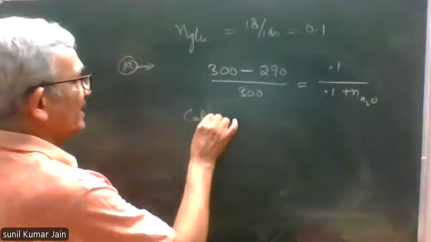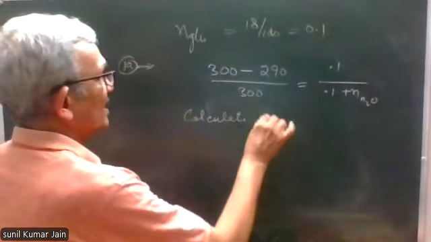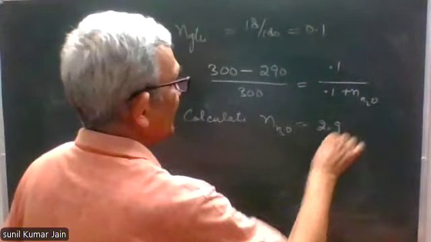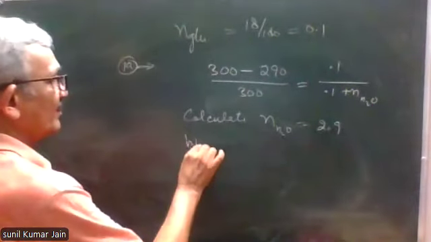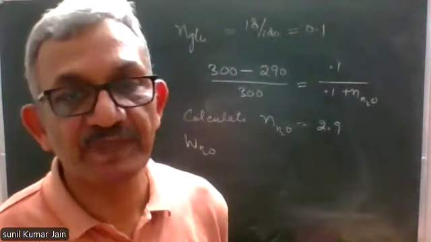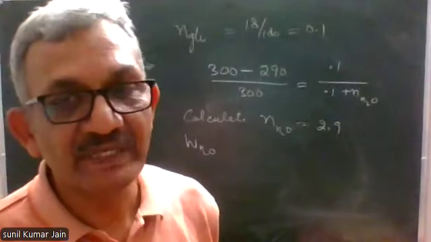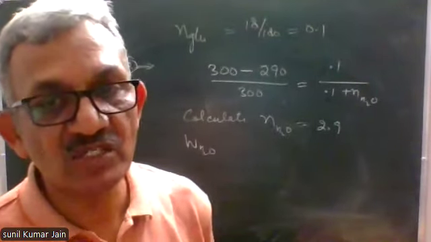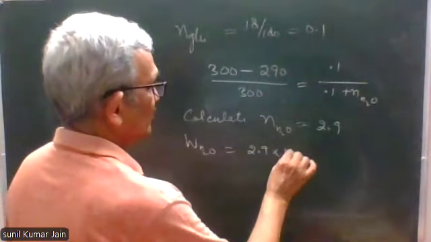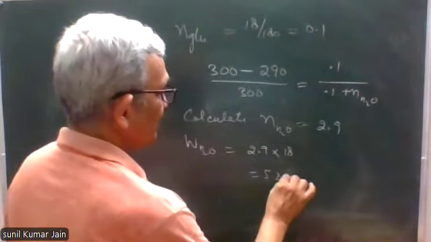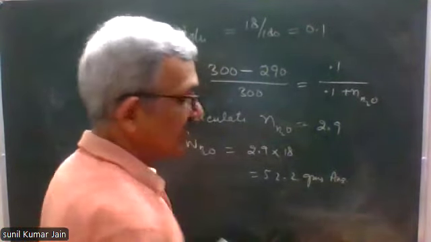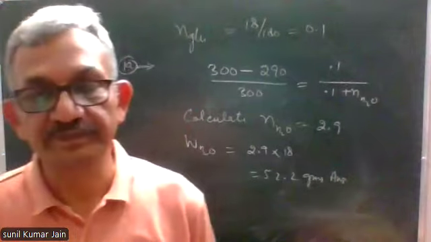From this, calculate number of moles of water. This will come out to 2.9. It means 2.9 moles of water are present in the solution. Multiply by molecular weight, you'll get the mass of water. So this is 2.9 into 18, 52.2 grams of water is present in the solution.